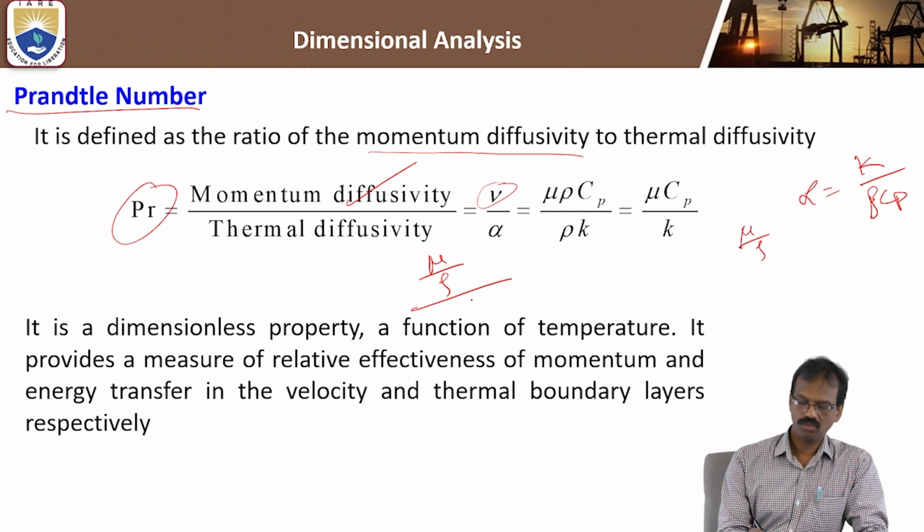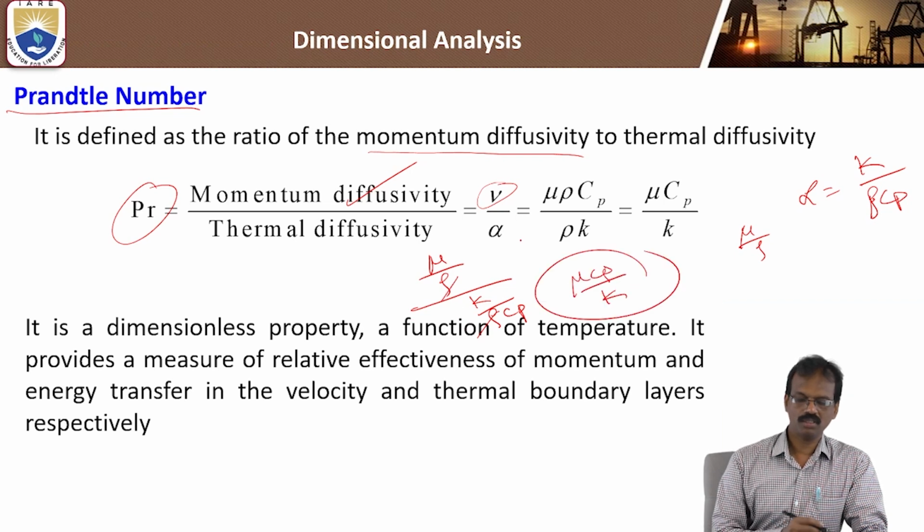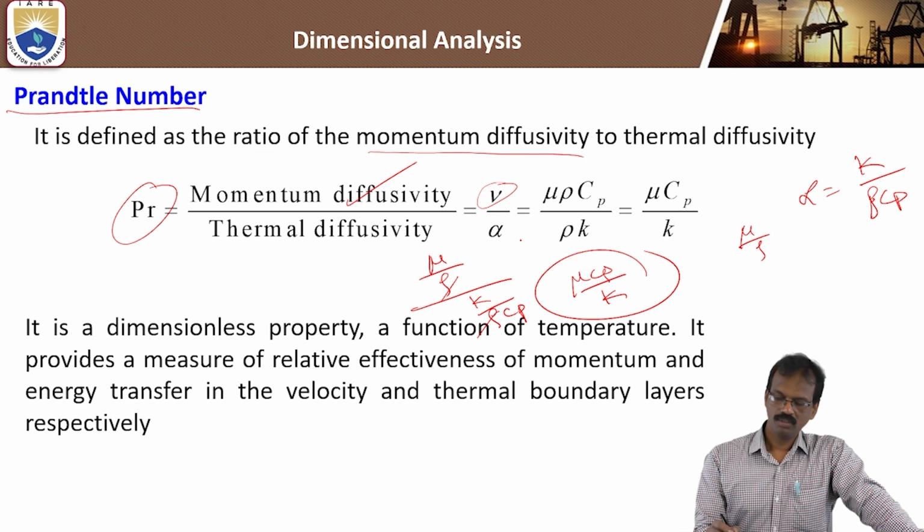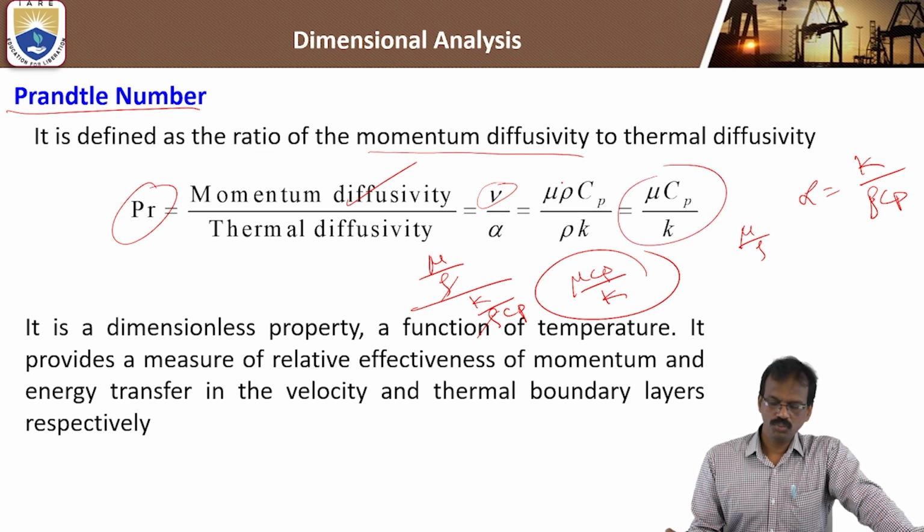Thermal diffusivity is equal to K by rho Cp. So rho cancels, and we get mu Cp by K. So this is the Prandtl number value, mu Cp by K.